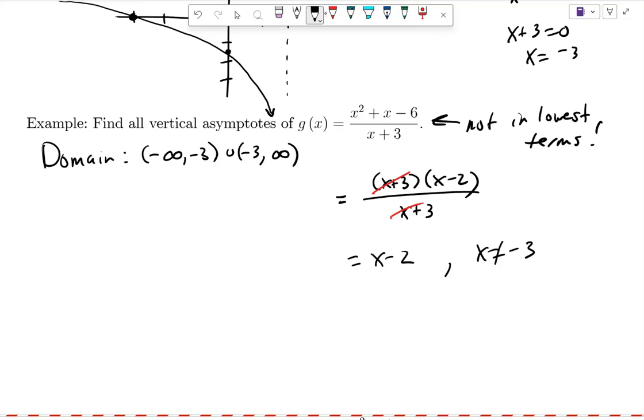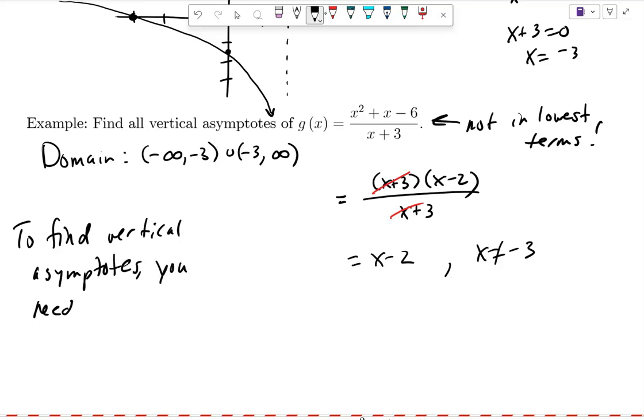Okay. So in order to find vertical asymptotes, you need to put your rational function into lowest terms first.